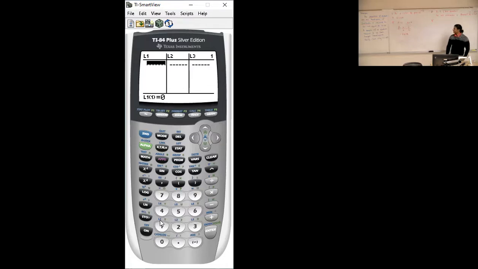The maximum number of successes. 12, right? We have 12 students. So all 12 might report hard copies of textbooks, or none of them. So the maximum value would be 12.